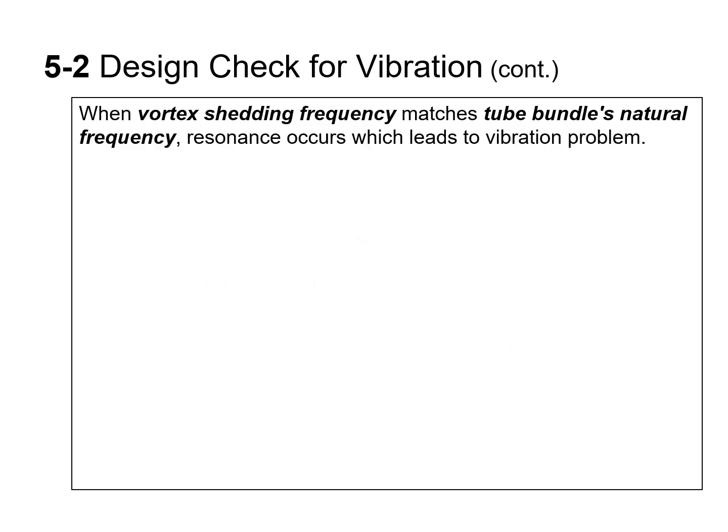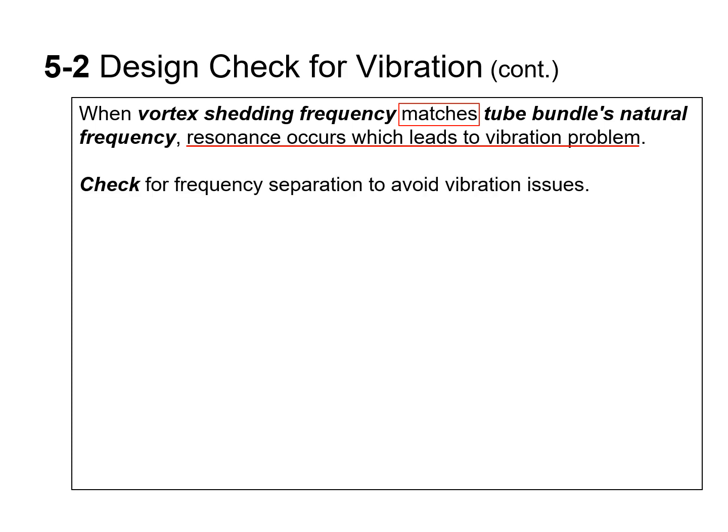When vortex shedding frequency matches the tube bundle's natural frequency in a steam coil air heater, it causes resonance and vibration problems. To avoid this, make sure these frequencies are significantly different from each other in all oscillation modes.